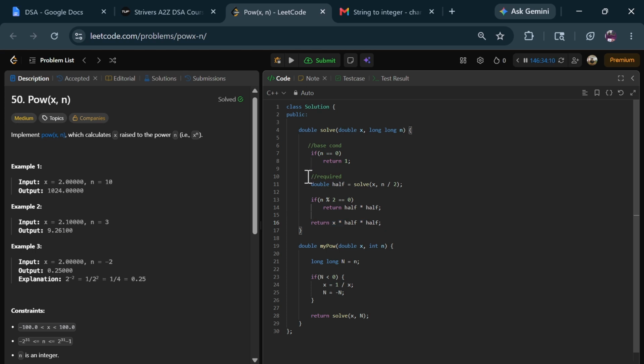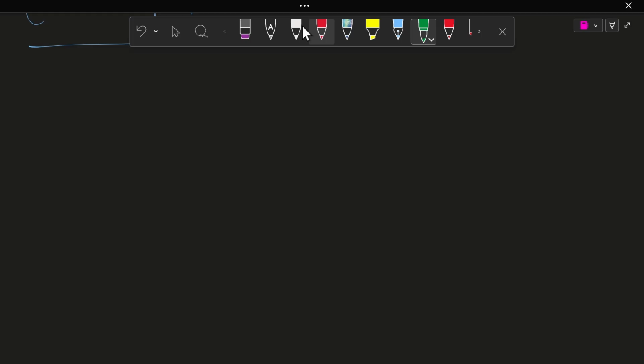I hope you understand; if you are hearing this for the first time, you may not understand these two steps. So let me dry run these two steps and show them clearly in tree format. Before that, let me write something: each function call in recursion stores something. If you understand this, you can understand each and every recursion topic. So what will each function call store?